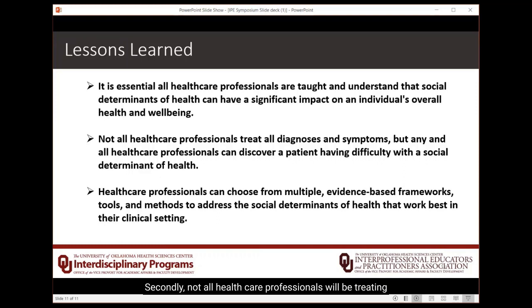Secondly, not all healthcare professionals will be treating all diagnoses and symptoms, but any and all healthcare professionals can discover a patient who's having difficulty with a social determinant of health. And then finally, healthcare professionals can choose from multiple evidence-based frameworks, tools, and methods to address the social determinants of health that work best for their patients and in their clinic setting.